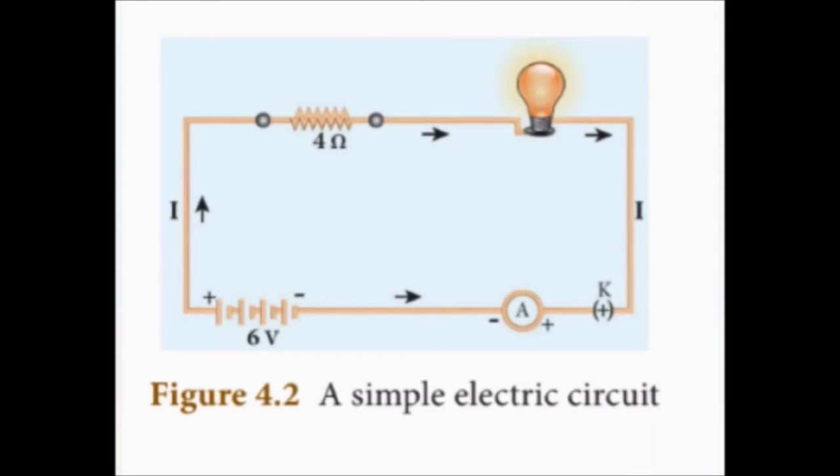A schematic diagram of an electric circuit comprising a battery, an electric bulb and a switch is given in this figure. This is a simple closed electric circuit. If any disconnection happens, the flow of charges will stop and the bulb will not glow. For any appliance or bulb to work, the circuit should be closed.